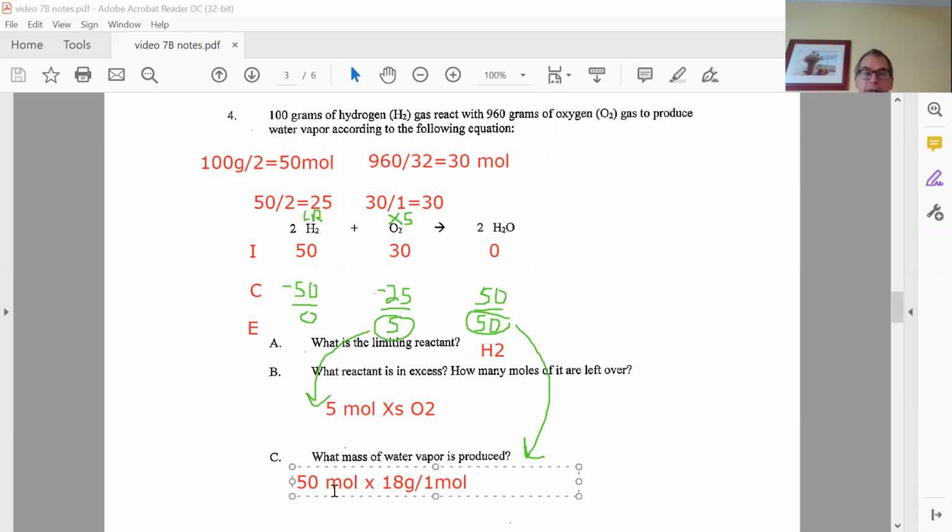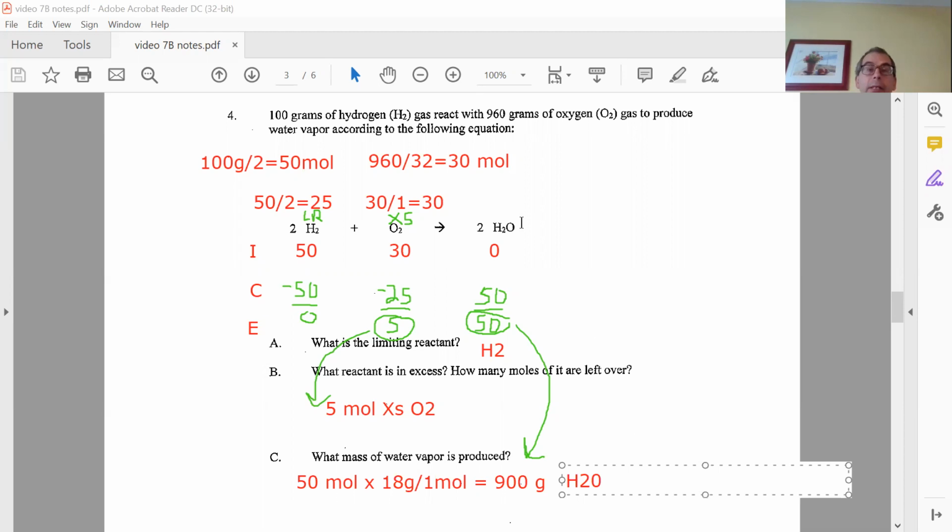So essentially 50 times 18, and trying to do the quick math here, I think that ends up being 900 grams of H2O right here. Okay, let's try this. H2O. Try one more time. I think we got it right there.